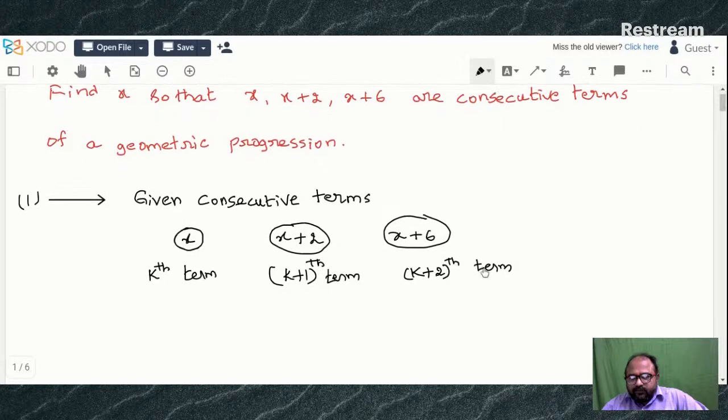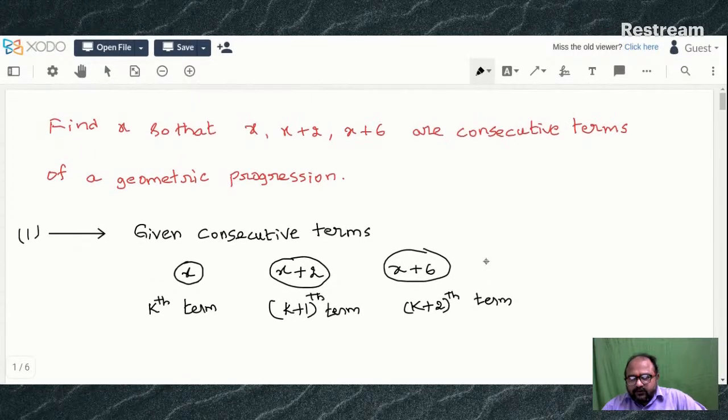So this is step 1. In step 1, you have considered that these are consecutive terms. We do not know the value of x. We should find the value of x. This is step 1. And step 2.